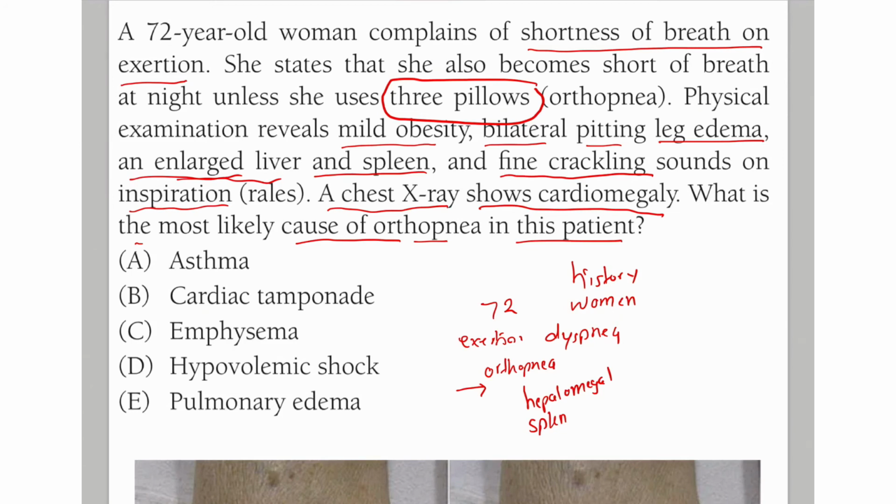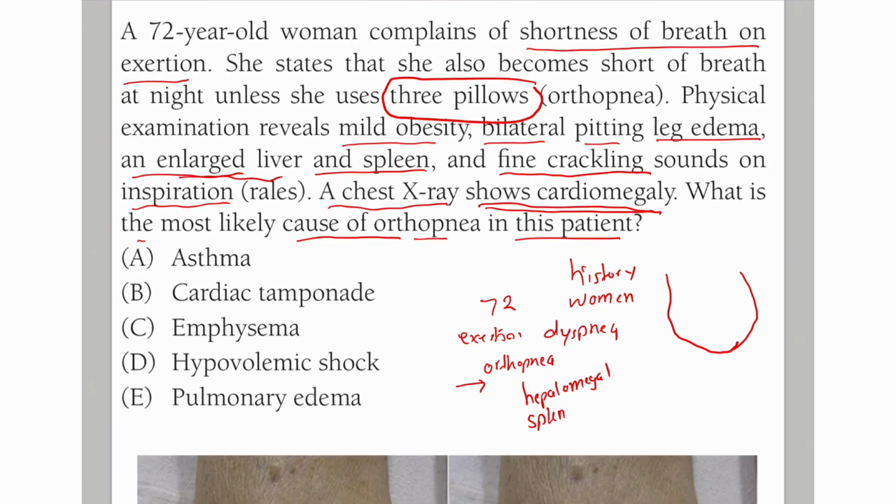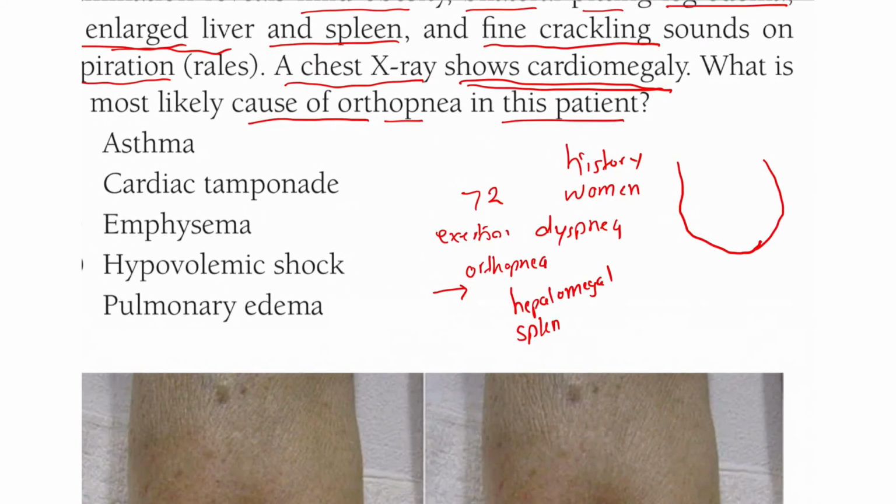On investigation, a chest X-ray demonstrates cardiomegaly يعني the size of the heart enlarged. خلال الهيستوري عندها signs of congestive heart failure، يعني signs of both left and right side heart failure.